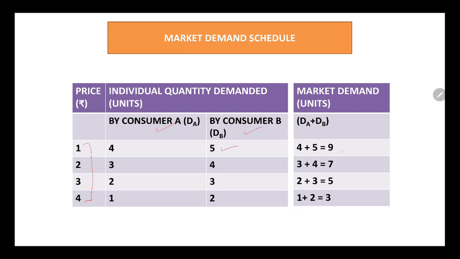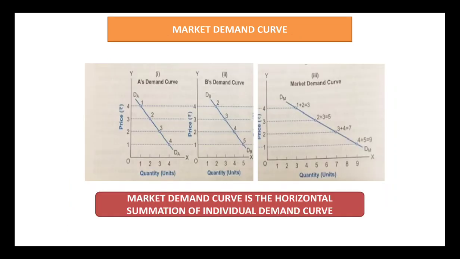So when you add them up, you get 9 as the market demand at price 1. At price 2, consumer A is demanding 3 units, consumer B is demanding 4 units, and the subsequent market demand at price 2 will be 7 units. So this is how the tabular representation is given, and it's represented by the market demand schedule.